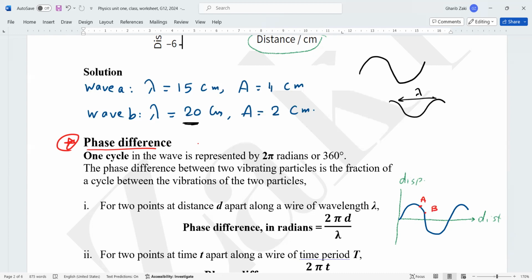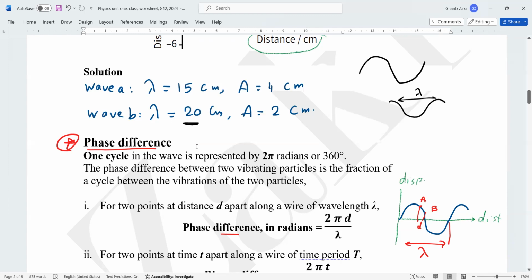Now, the phase difference between 2 points on the wave, if we have a displacement distance graph, if the distance between the 2 points is d, and we know that the full wavelength is lambda, then the phase difference between the 2 points is 2 pi d over lambda. D is the distance between the 2 points, and lambda is the total wavelength.